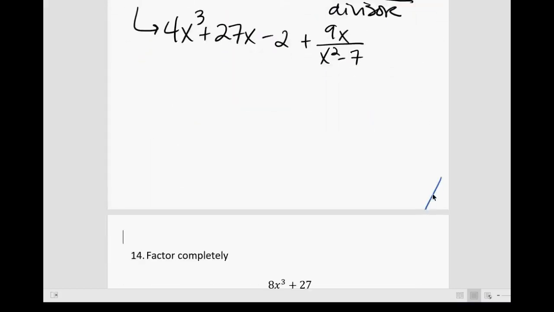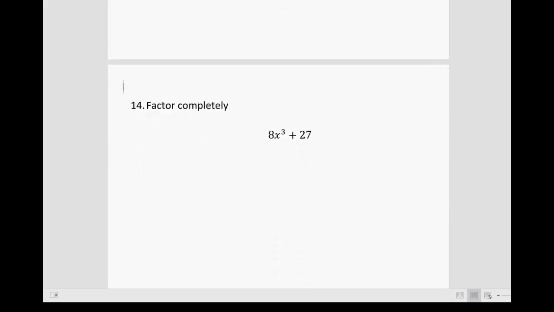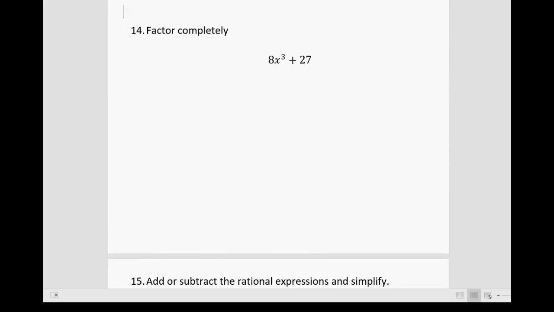Okay, let's keep the party going. Number 14, let's practice factoring. When you factor any polynomial, you always check for a greatest common factor so that you can factor it out.